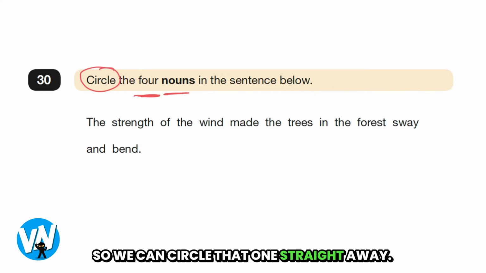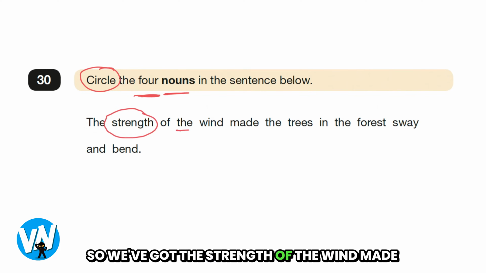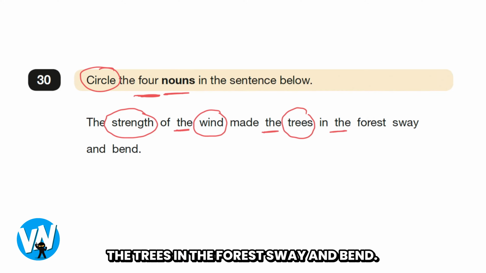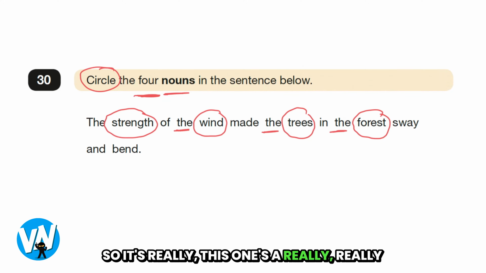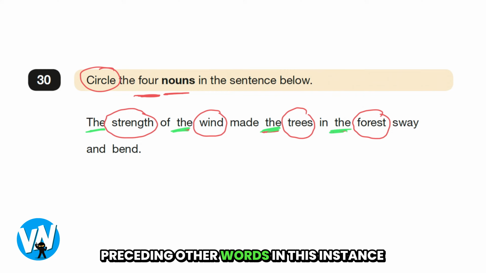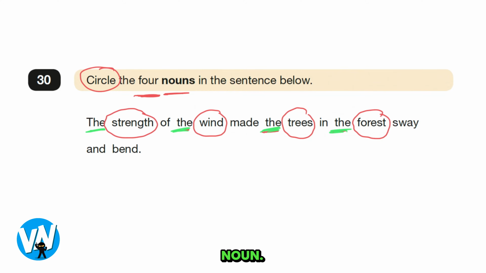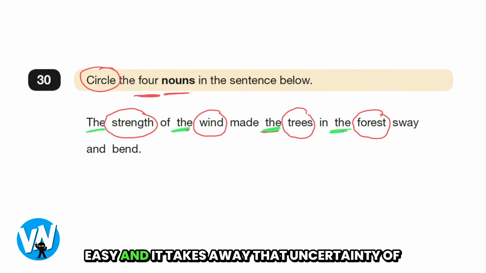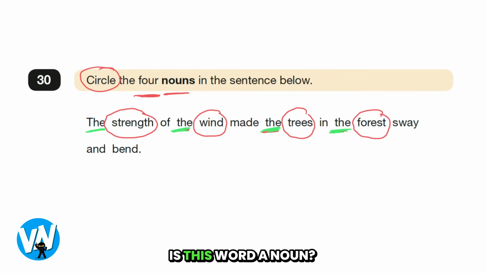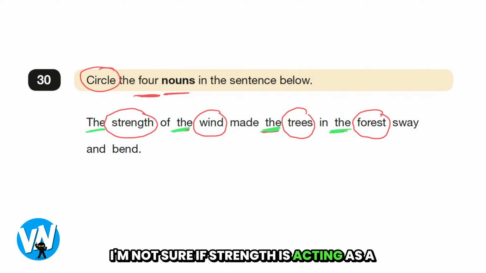So we can circle that one straight away. So we've got the strength of the wind made the trees in the forest sway and bend. So this one's a really, really good example of the determiner the preceding other words, in this instance nouns, that are really telling us that this is a noun. So it makes that question really, really easy, and it takes away that uncertainty of, is this word a noun? I'm not sure if strength is acting as a noun. Well, we can use the word the to really help us decide that that is the case.